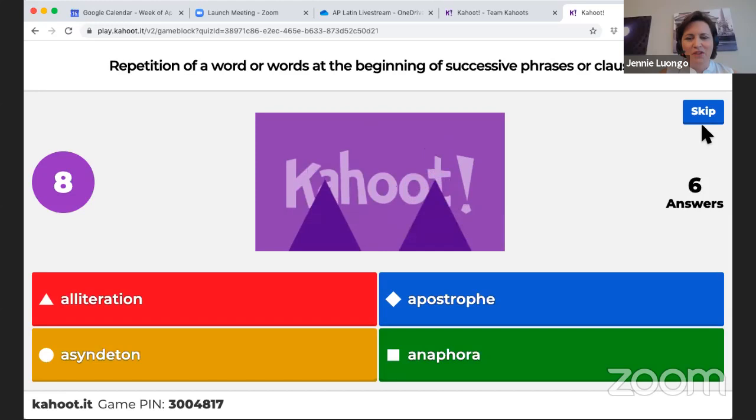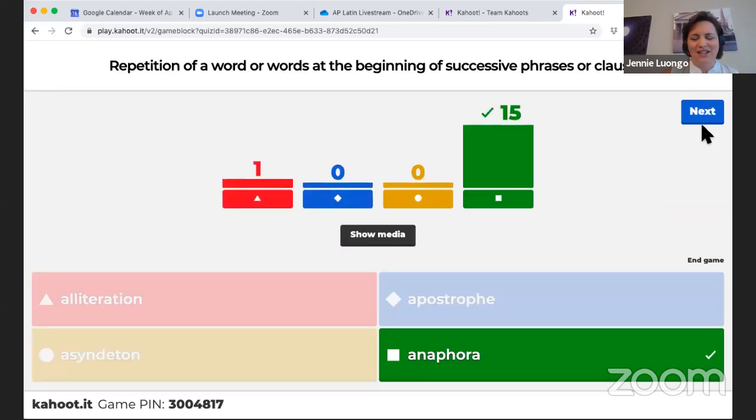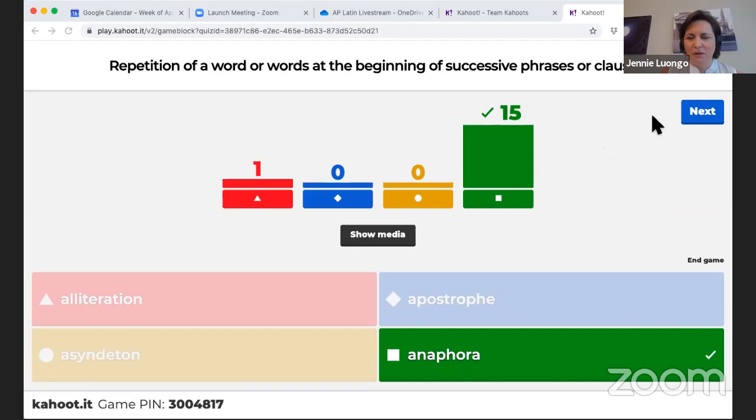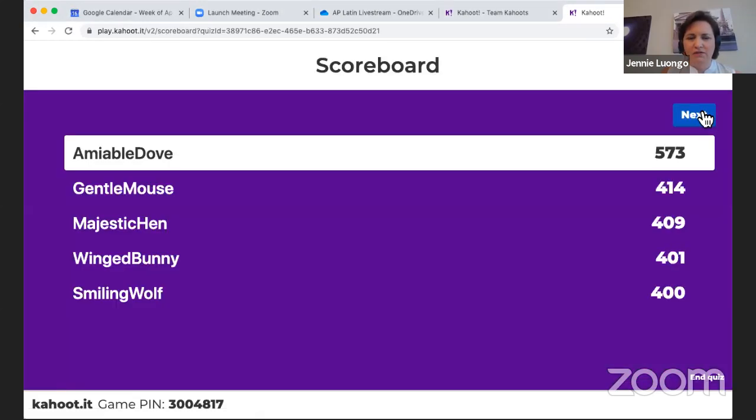So celeriter, quinque, quatuor, tres, duo, unus. All right, look how good they are at this. Wow. Anaphora is a fun one. Everyone loves anaphora. So anaphora is the repetition of a word or words at the beginning of successive phrases or clauses.